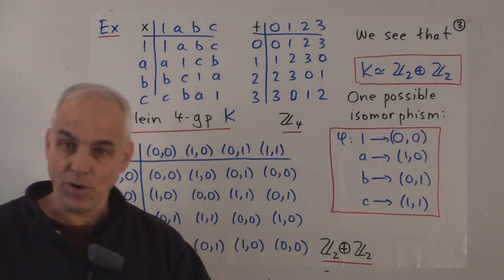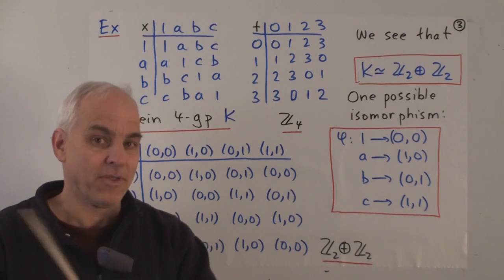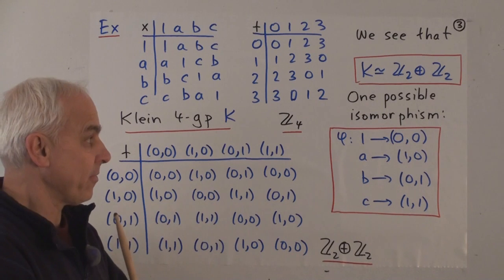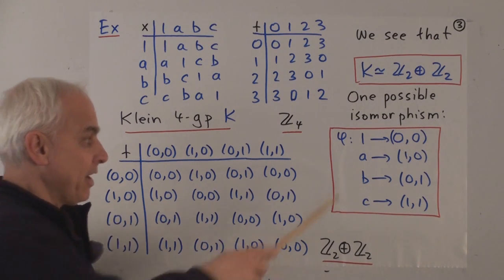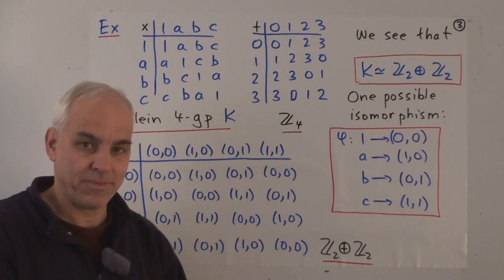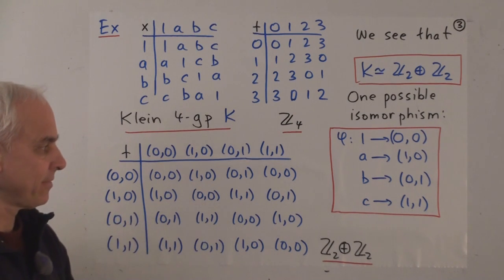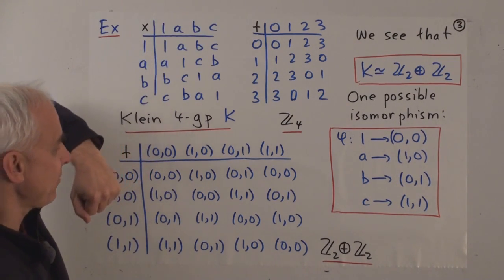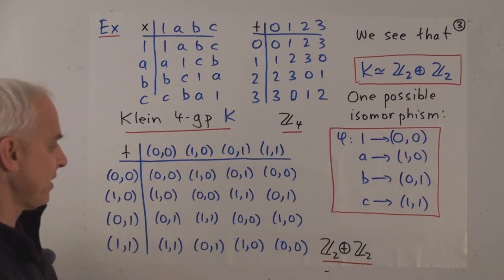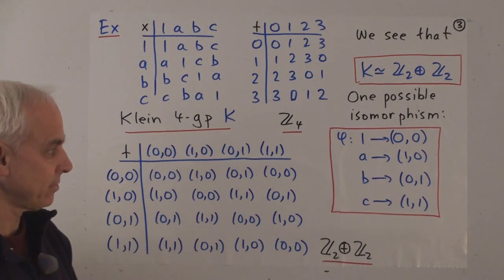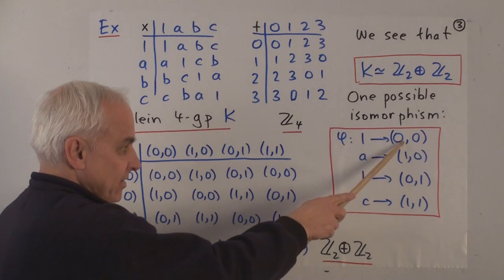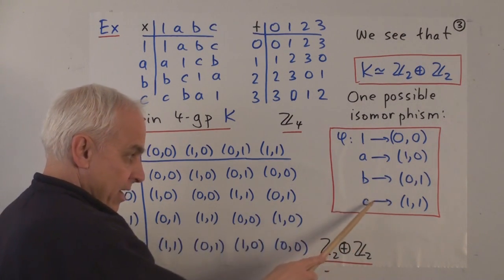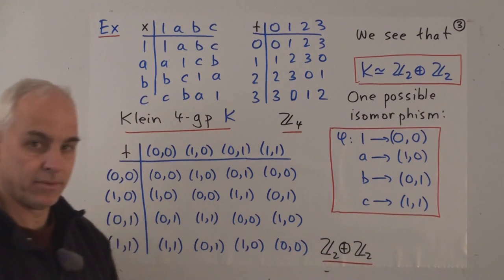And to make that official, to exhibit that isomorphism, we would like an actual isomorphism. Here is such an isomorphism. It's not the only one. So it's a mapping from the 4 elements in K to the 4 elements in Z2 plus Z2. 1 is sent to (0, 0), A is sent to (1, 0), B is sent to (0, 1), and C is sent to (1, 1).